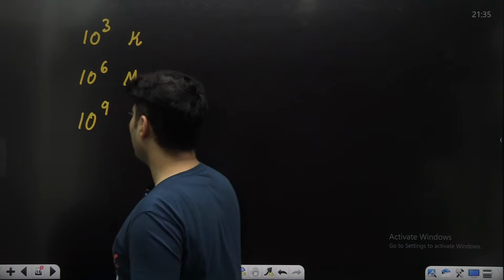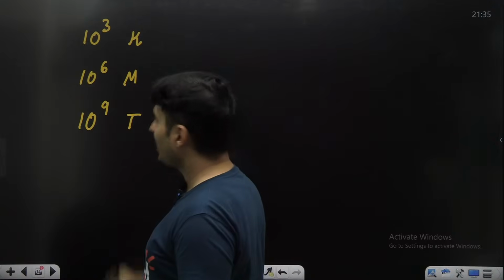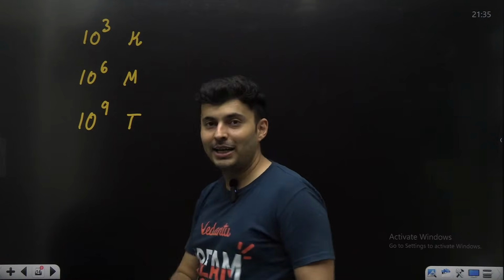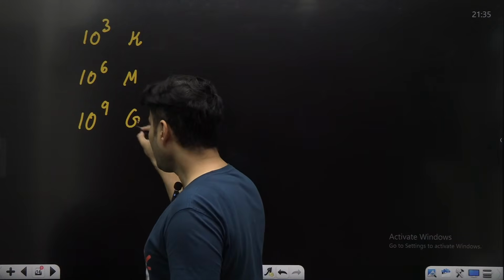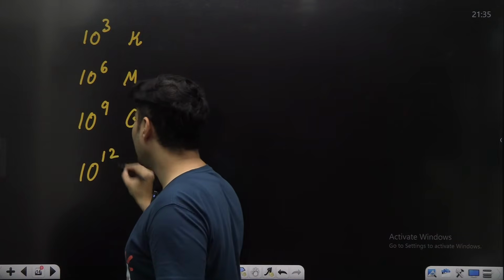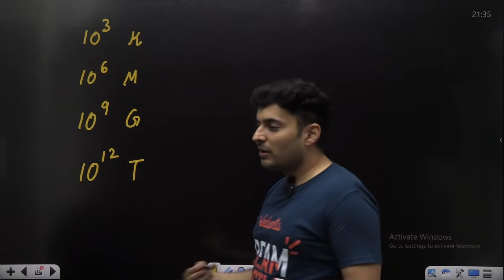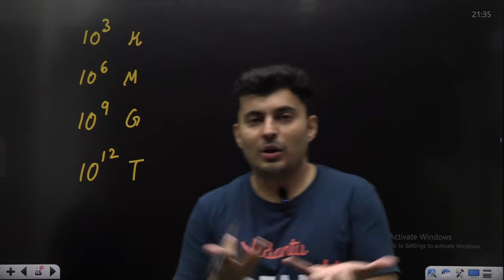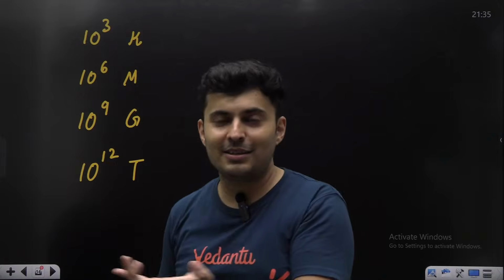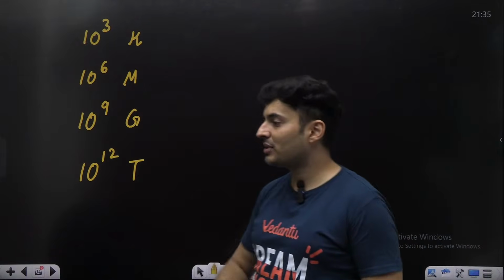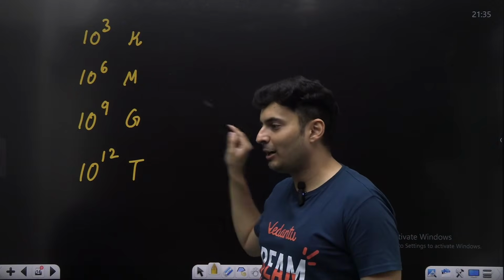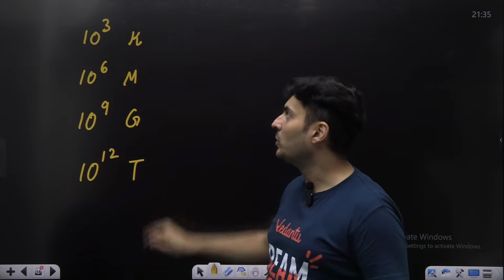If it is 10 to the power 9, it is called giga. Kilobyte, megabyte, gigabyte. 10 to the power 12 is tera. So if you know what the hard disk size or the RAM size of a computer is, you would obviously be aware of these terms: kilobyte, megabyte, gigabyte, terabyte. So that is how it goes.